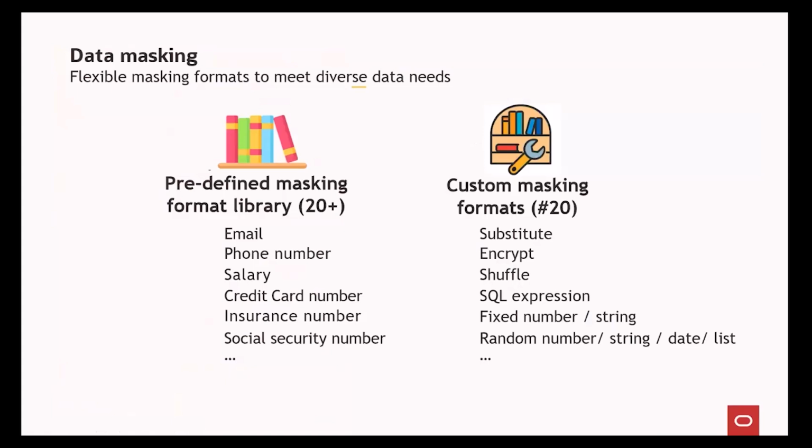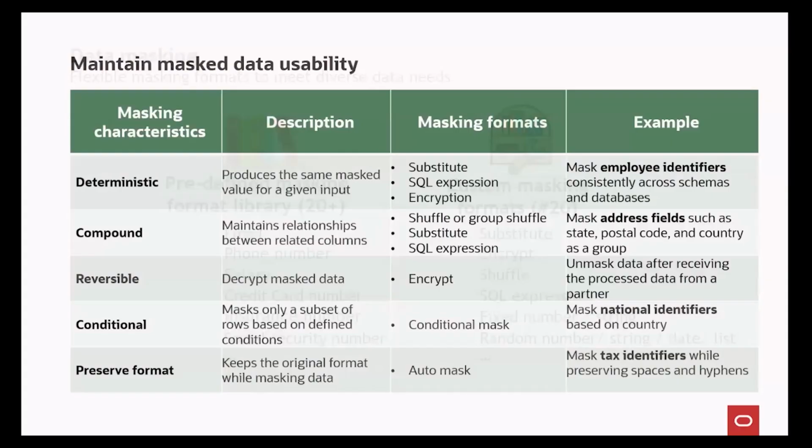So you will have over 20 predefined masking formats in the library, and you can directly choose from there. Or you can also customize your own format using 20 out-of-box options, including substitute, encrypt, SQL expression, and many more. So using this comprehensive library, you can maintain the data usability even after masking, right?